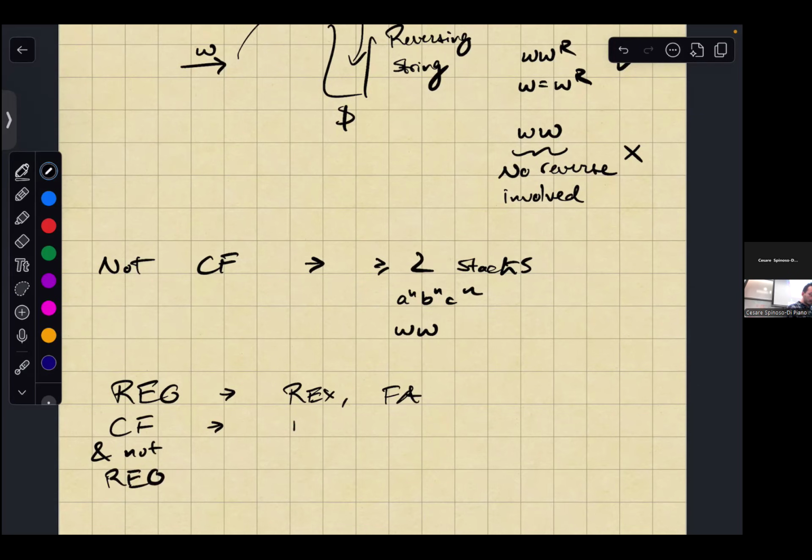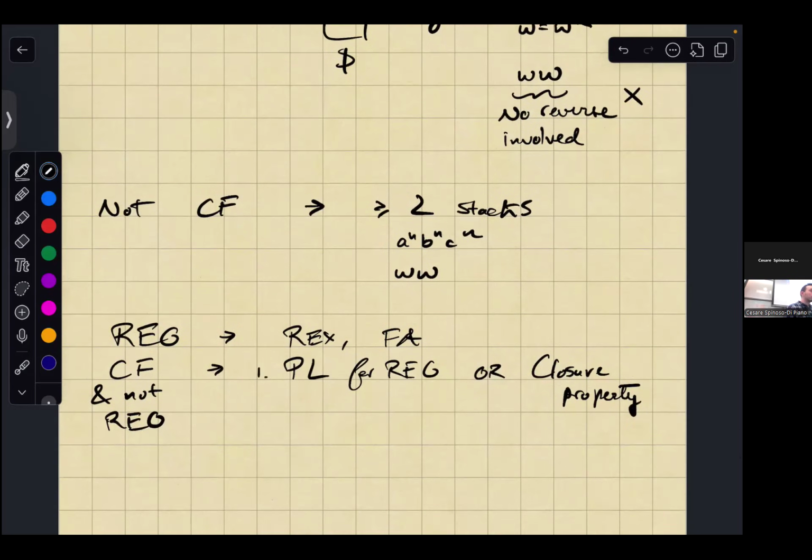So you have to give a pumping lemma for regular languages argument, or a closure property argument. So this is the first part of the solution. The second part is then to argue that it's context-free. So you either give a context-free grammar which generates it, or a PDA that accepts it.